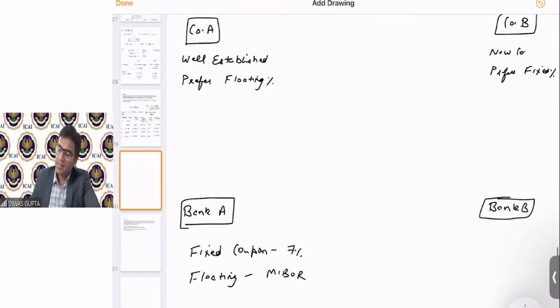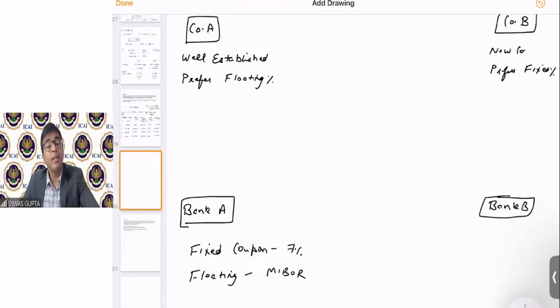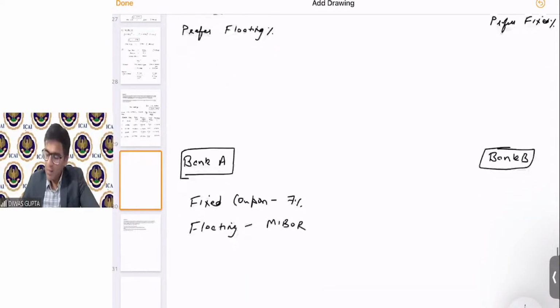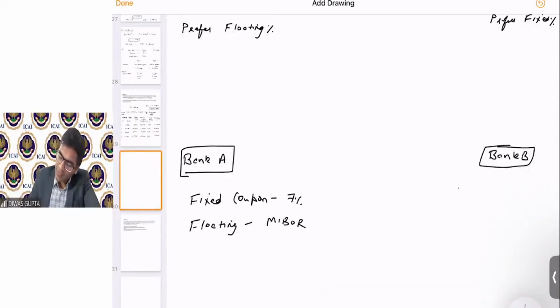Similarly, Bank B has already analyzed the risk profile of Company B. So Bank B says that if I want to give you a loan, I will offer you a fixed coupon loan at the rate of 10%.